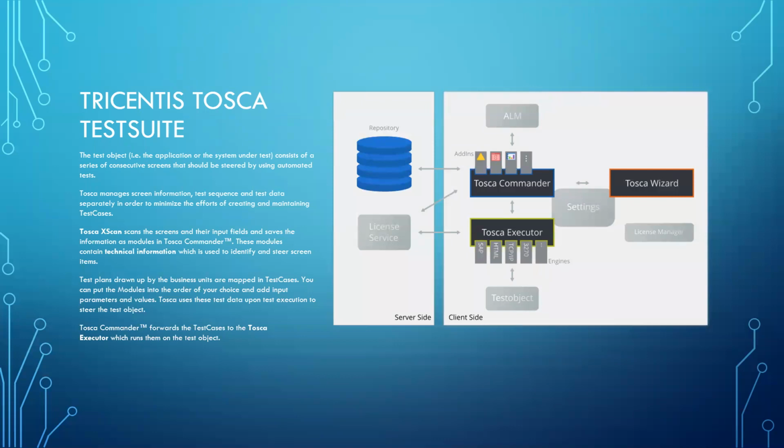So, for example, when you have to log into a page, what are the steps you follow as a manual tester? You have to capture the same in the Tosca tool. For that, we use the Tosca Commander. Tosca wizard is the one that will scan the page, and then we have to identify each and every object that we are supposed to use in that step.